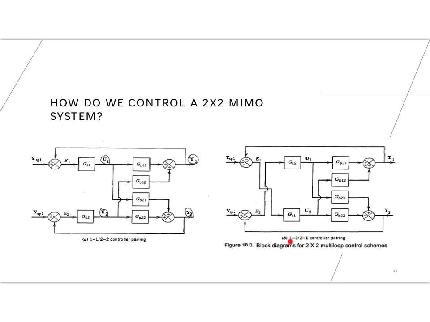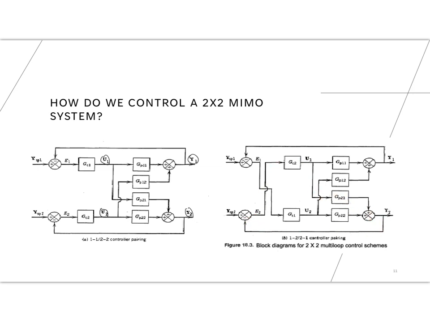On the other hand, if I have a 1-2, 2-1 controller pairing, it's kind of the same thing, but this time U1 goes through and affects Y1 and Y2, and I'm measuring Y2, comparing to the set point, and making changes based on process 2 for my primary loop.